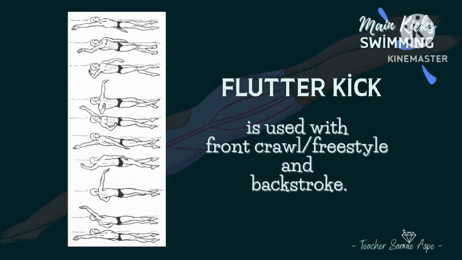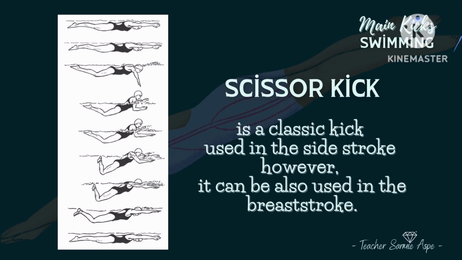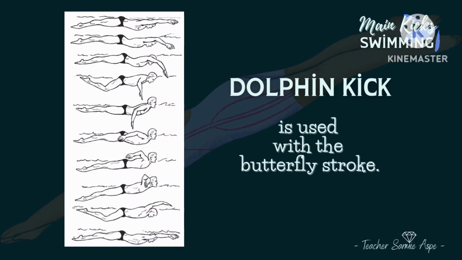The flutter kick is used with front crawl or freestyle and backstroke. The scissor kick is a classic kick used in the side stroke. However, it can also be used in the breaststroke. The dolphin kick is used with the butterfly stroke.